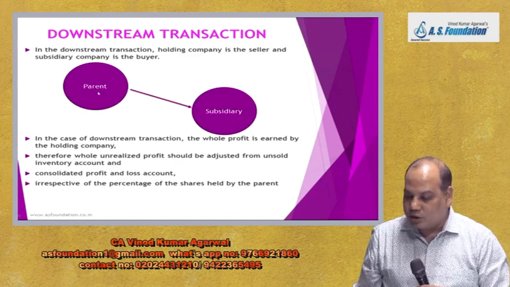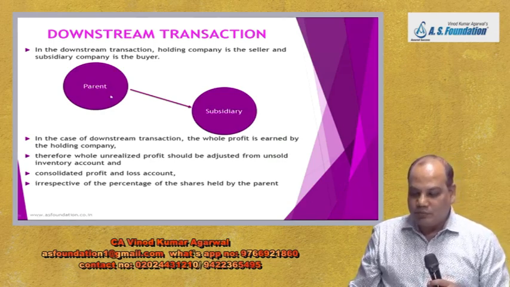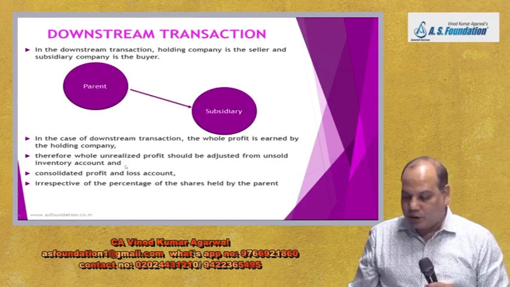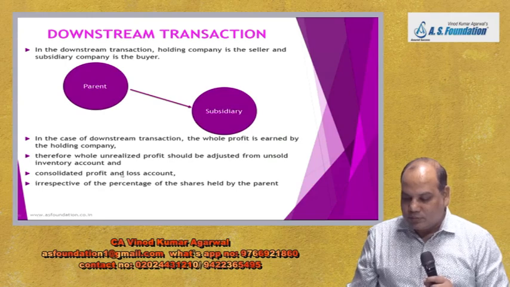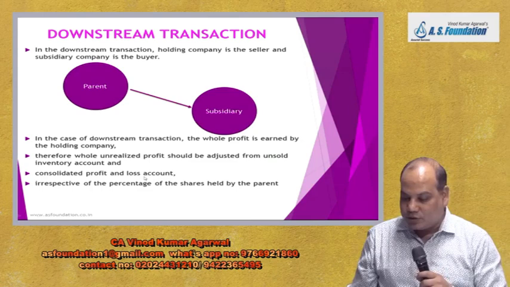Did non-controlling interest get a stake in that profit? No. So when I am going to eliminate the profit from the group financial statement, it is the parent profit and loss, that is consolidated P&L account only, that needs to be adjusted. NCI share should not be adjusted here.